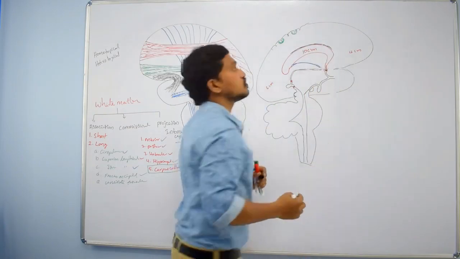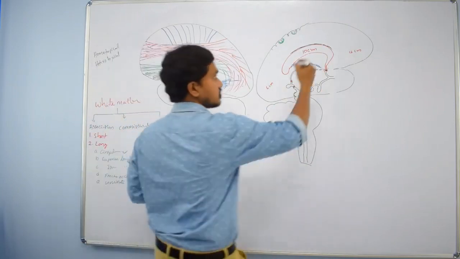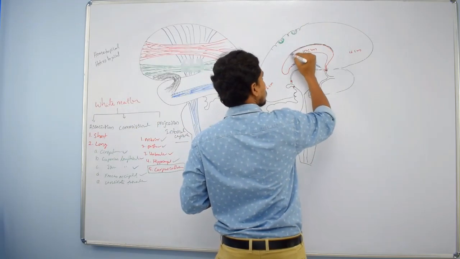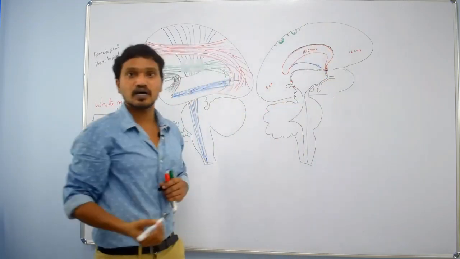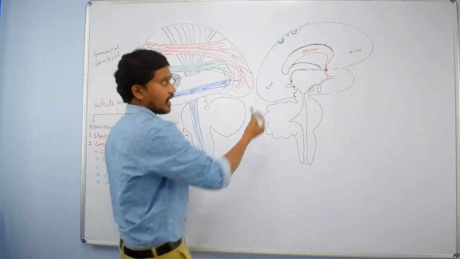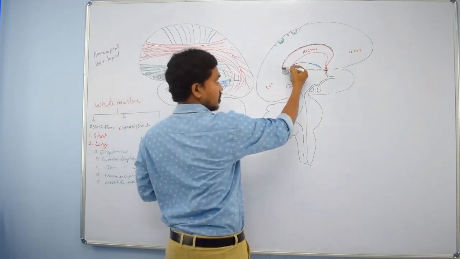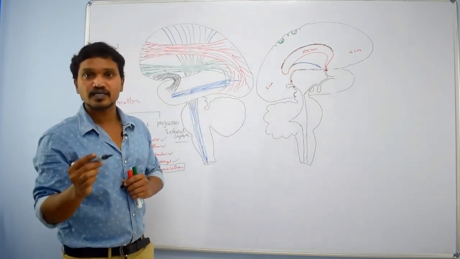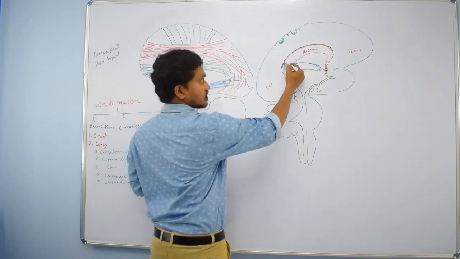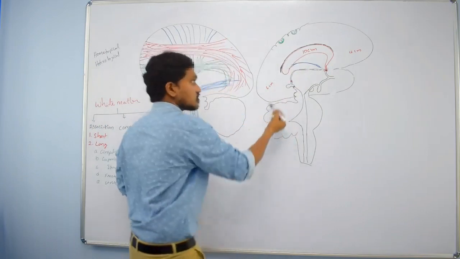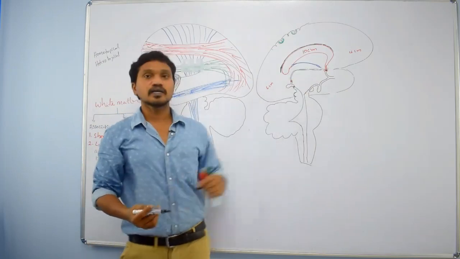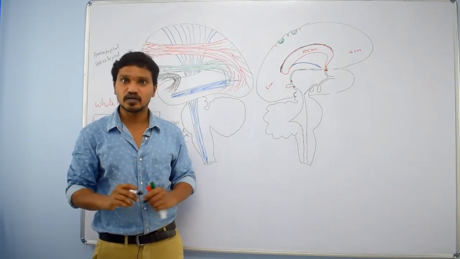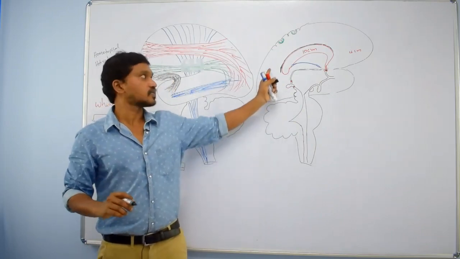This indusium griseum covers the superior surface. Anteriorly it is continuous with the paraterminal gyrus, and posteriorly it continues with the gyrus which is present over the splenium. What is that? Fasciolaris gyrus. Inferiorly it enters into the parahippocampal gyrus, and it is connected with the dentate gyrus. I am not going into a detailed description about this.